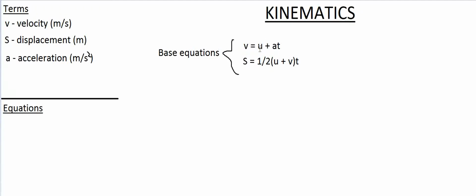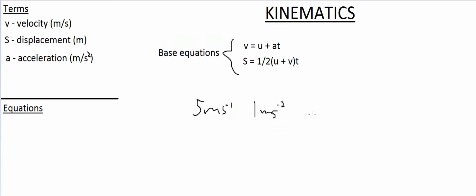To make sense of it, let's say you have a runner running at 5 meters per second, and each second he accelerates by 1 meter per second squared.